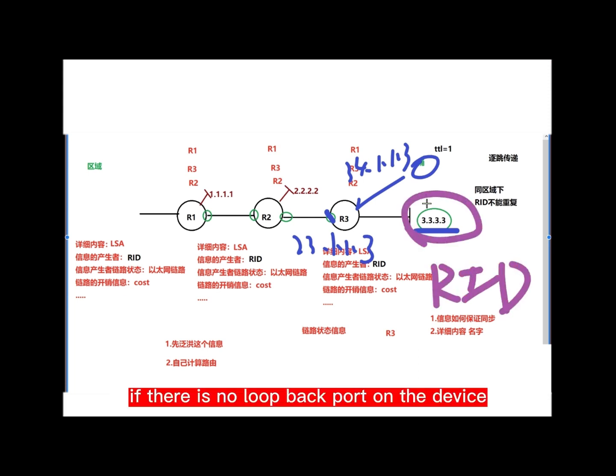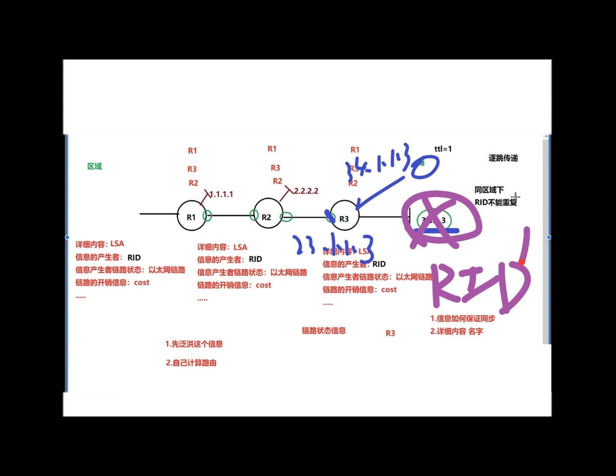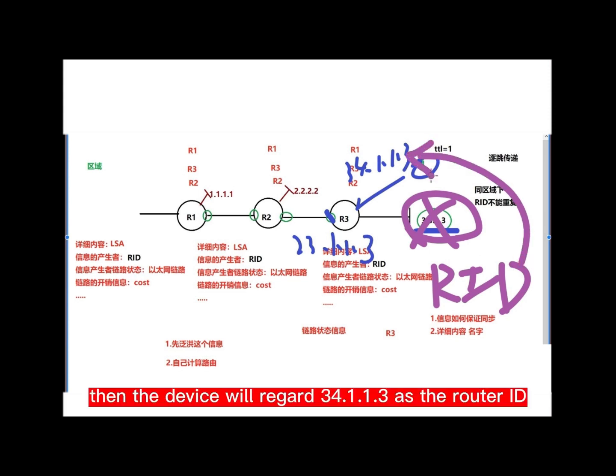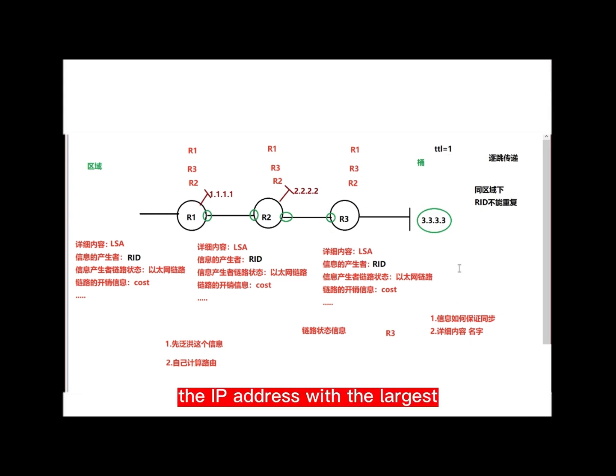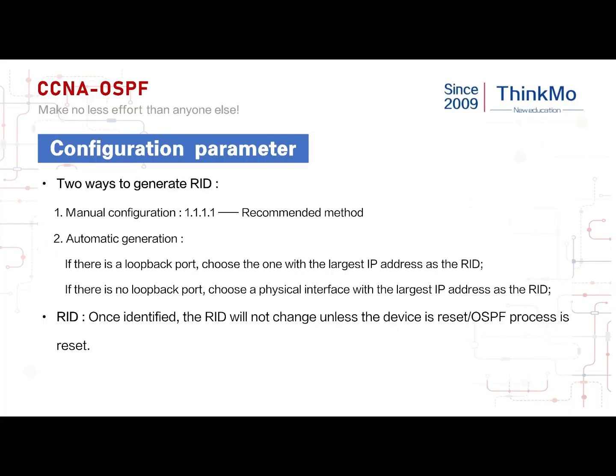If there is no loopback port on the device, then the device will regard 34.1.1.3 as the router ID. The largest physical interface IP address will be selected. It's a rule in Cisco. And the router ID has a feature: as soon as it is determined, unless the device is reset or the OSPF process is reset, it won't change.